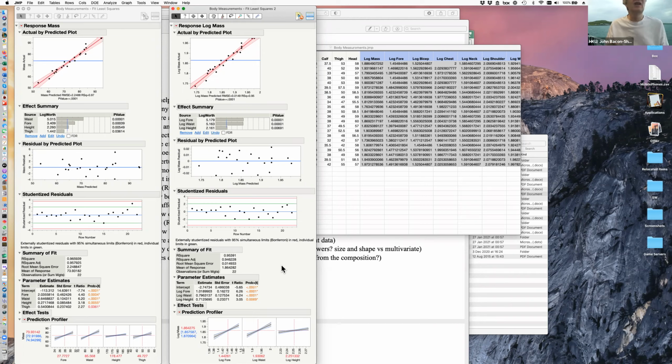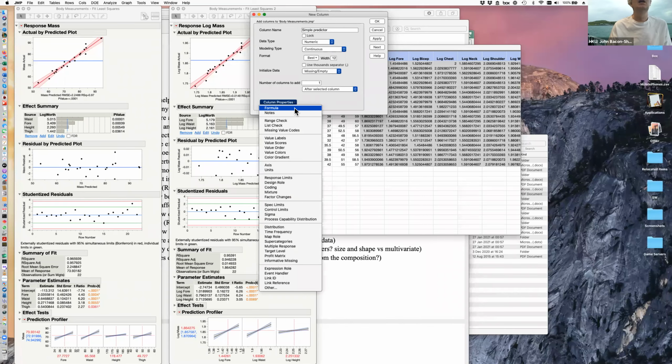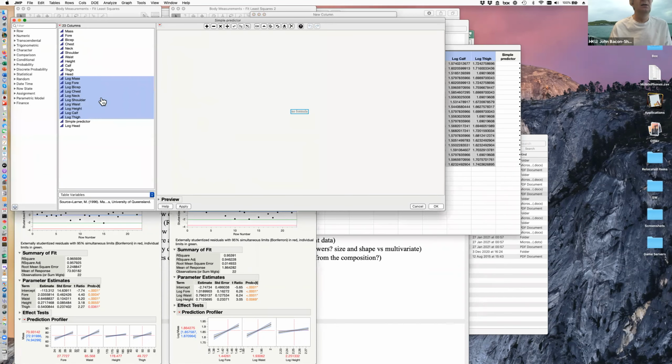So in other words, it suggests that a not too bad model might be that mass is proportional to forearm times waist times height. So indeed, I can even try and create a new column. Simple predictor. And I'll put in my formula, log of forearm plus log of waist plus log of height.